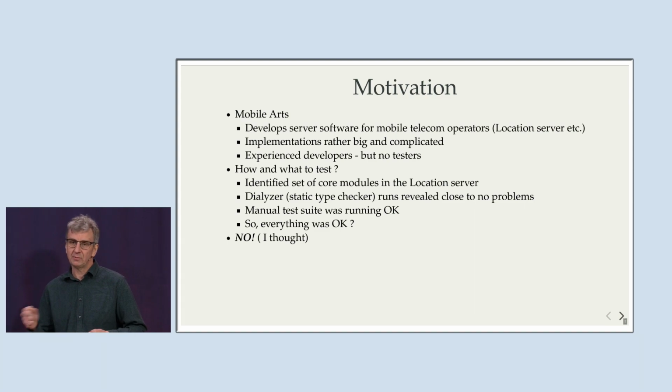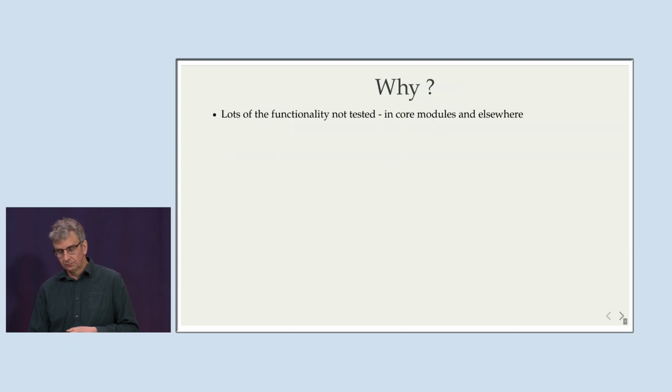Whenever something special happened, there was a high risk that something bad would happen, because we hadn't tested exactly that use case or that combination of use cases. The reason was simply that we hadn't tested everything. We had tested a few good test cases and the main functionality, but there were a lot of corner cases that were not covered by our tests.